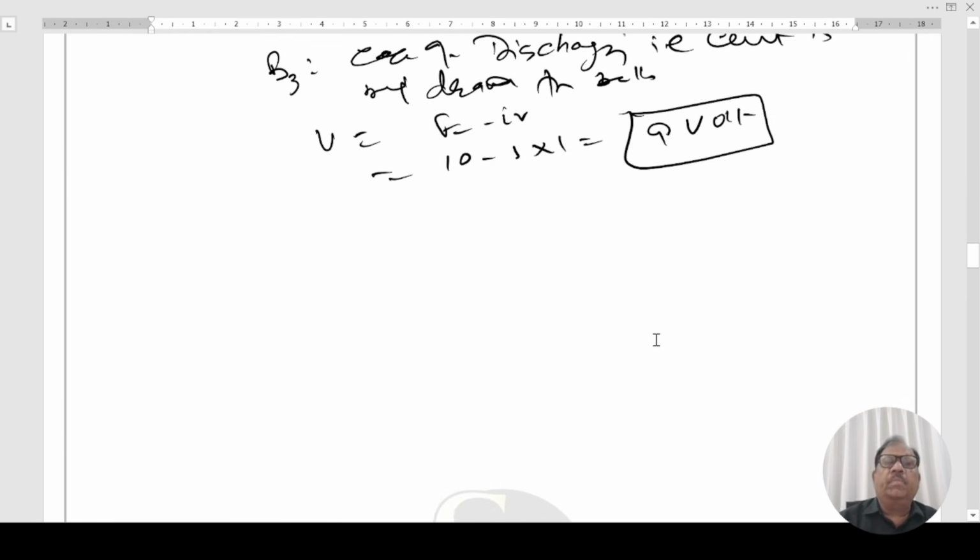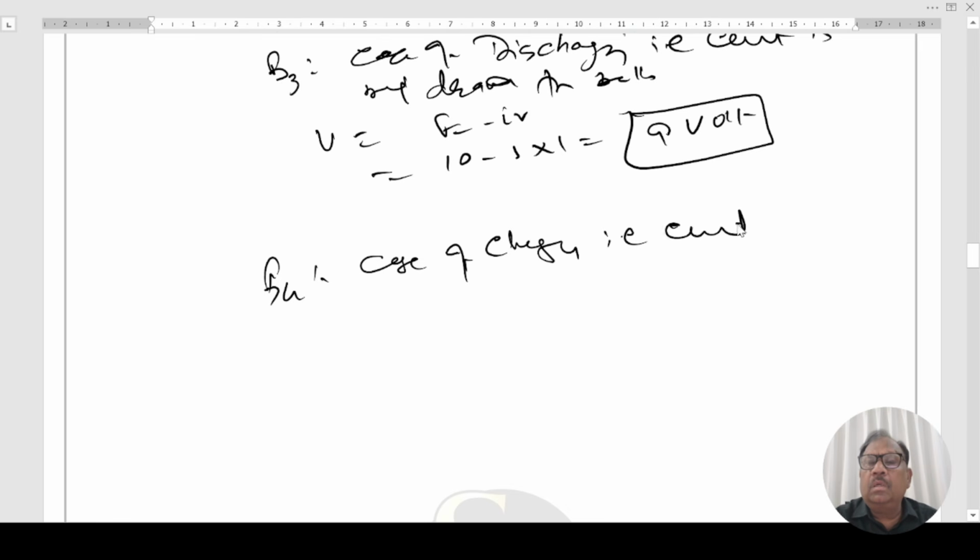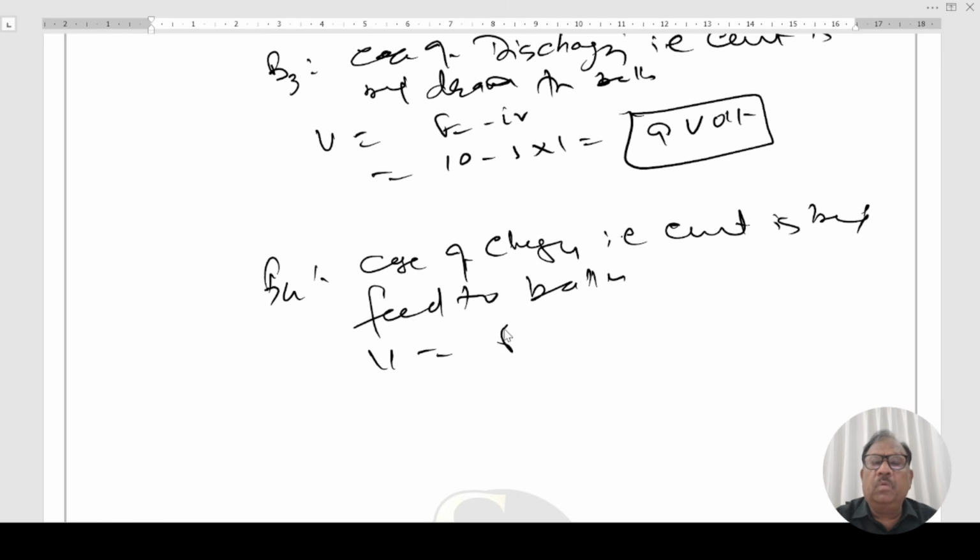Now, case of B4, a case of charging. That is, current is being fed to the battery. In that case, V equal to E plus IR.